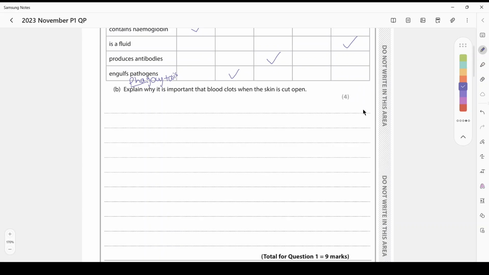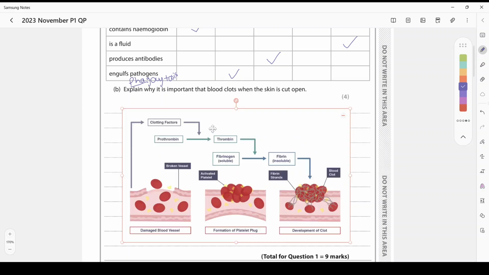All right, let's go on to part B. Explain why it is important that blood clots when the skin is opened up or it is cut open. So I've included a diagram here to show you how it works. So platelets, and you can see the yellow parts there, get activated when there is a cut in the blood vessel. And what happens is that it converts this soluble fibrinogen into insoluble fibrin.